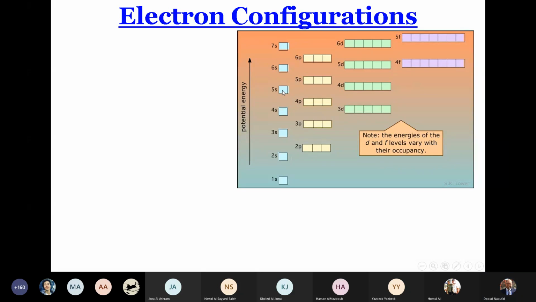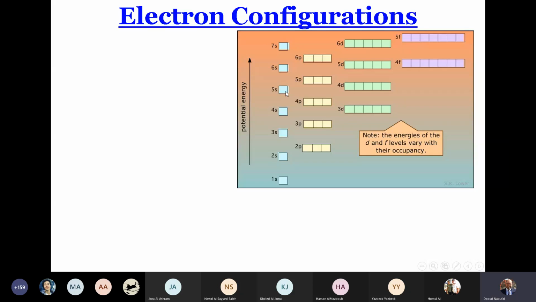For example, for n equal 5, what are the possible values of l? 0, so we have 5s. 1, we have 5p. 2, we have 5d. 3, we have 5f.